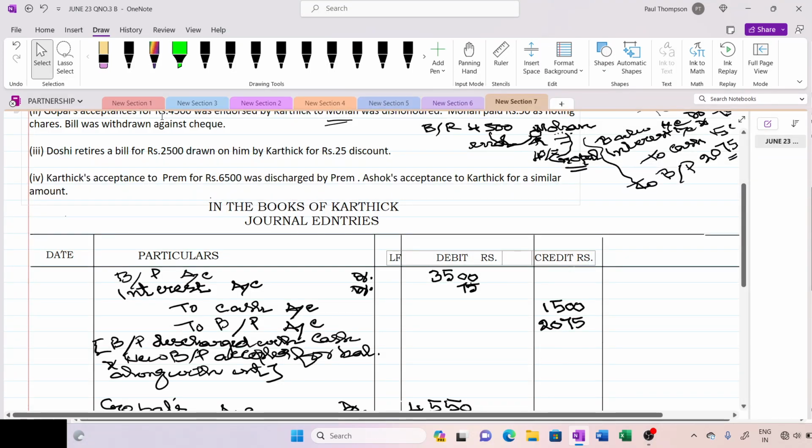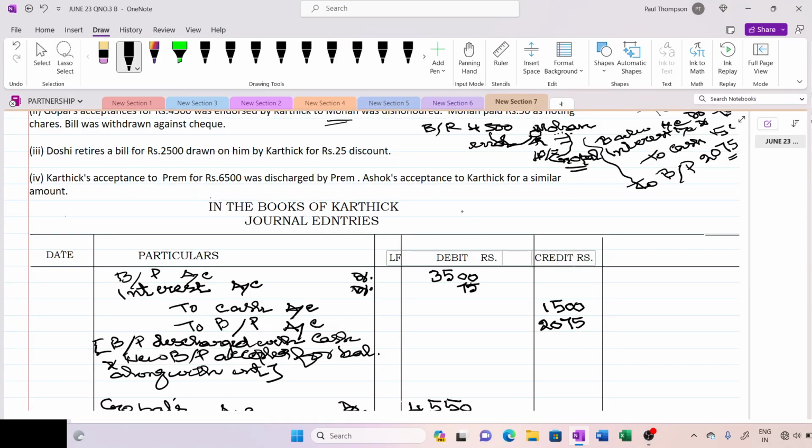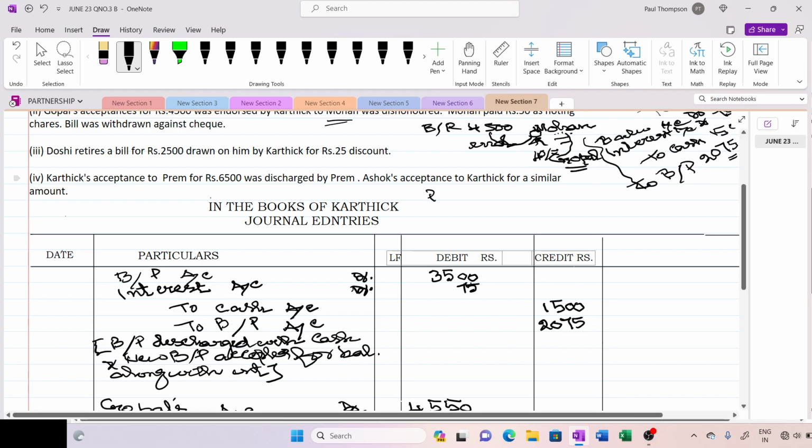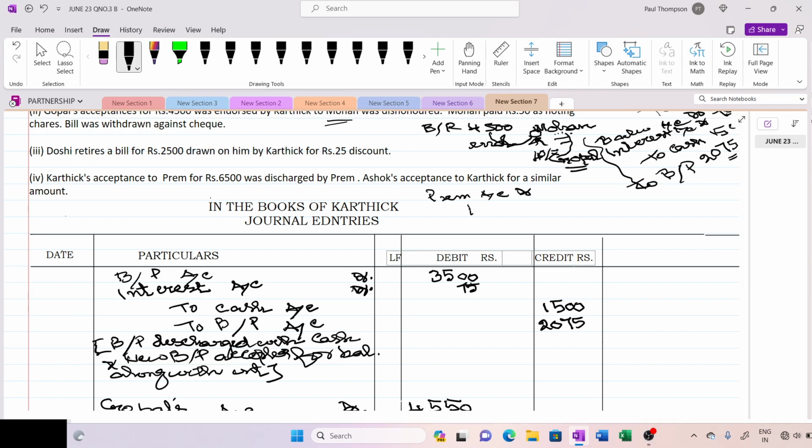Karthik's acceptance to Prem. Now what happened here? Karthik has to make a payment to Prem. So it would have been Prem account debit to bills payable. Because we have to make a payment again and again, whenever I say I and B, it is Karthik. So Karthik has to make a payment of 6500 to Prem.